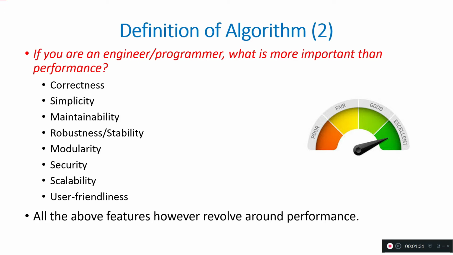A very simple example of security can be seen in object-oriented programming, where we have the abstract entities called classes. Scalability means expanding the program to serve more users without sacrificing any of the other features. Finally, user-friendliness is very important as it provides an interface that should be able to allow the user to use the best of the program. If you look at these features carefully, you see that these all features actually revolve around performance.